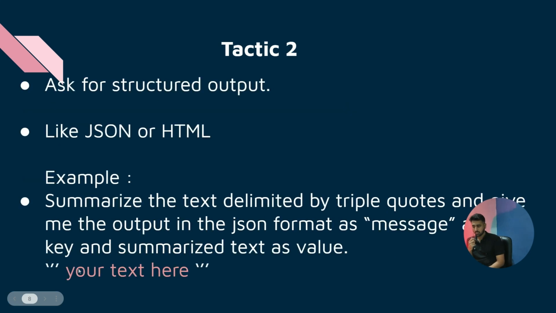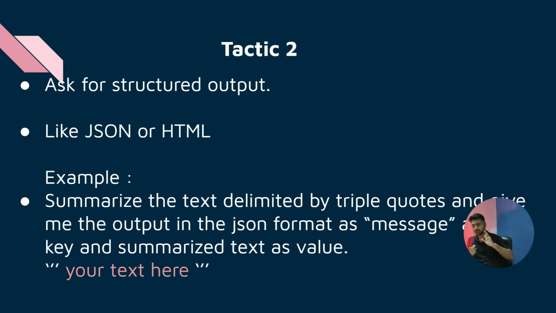Tactic number two is that we should always ask for structured outputs, for example, JSON or HTML. The reason is that in the real world you will not need plain text to display somewhere, because you cannot directly copy and paste it.